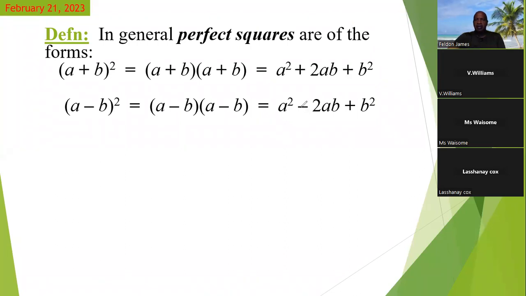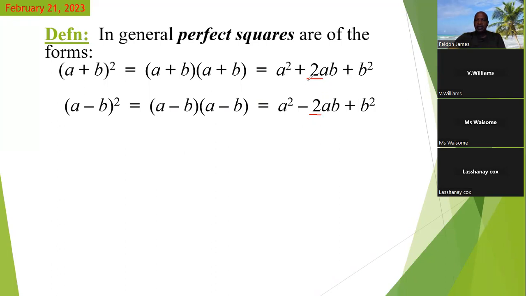All right. Now, the other feature that we notice is that the middle term has a coefficient of 2 times the product of the two terms. So there's always a multiple of 2 in the middle term of a perfect square.